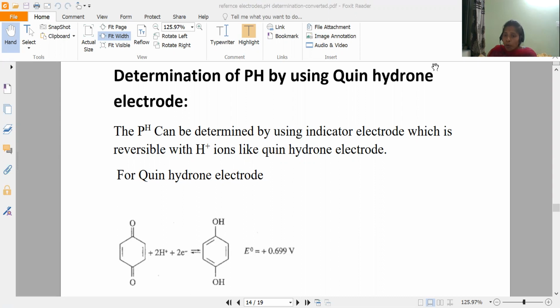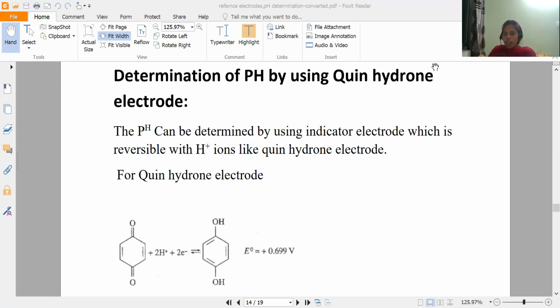An equimolar mixture of quinone and hydroquinone is called Quinhydrone. Equimolar means equal molarity of quinone and hydroquinone, so in the Quinhydrone electrode these two are in equal proportions.